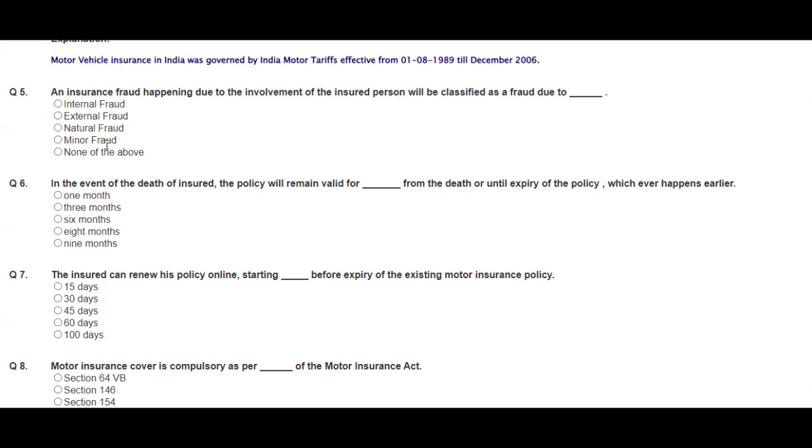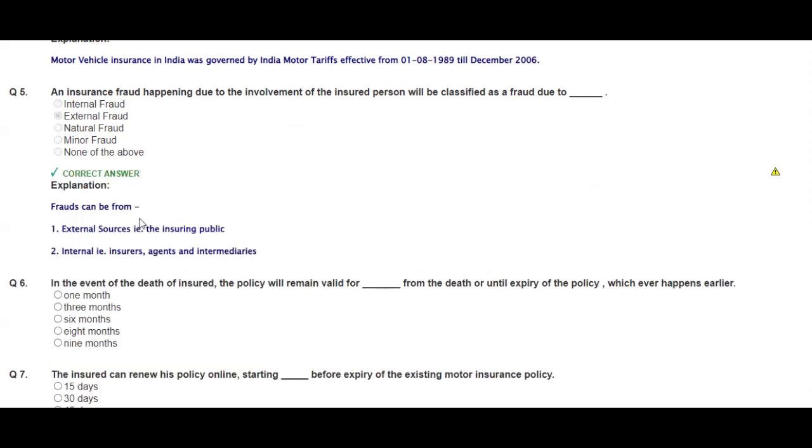Insurance fraud happening due to involvement of the insured person is external fraud. If it is insurance company related, it is internal fraud. Only if there is an insured person, it means external fraud.